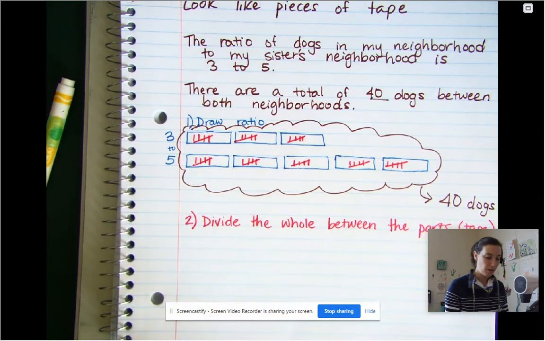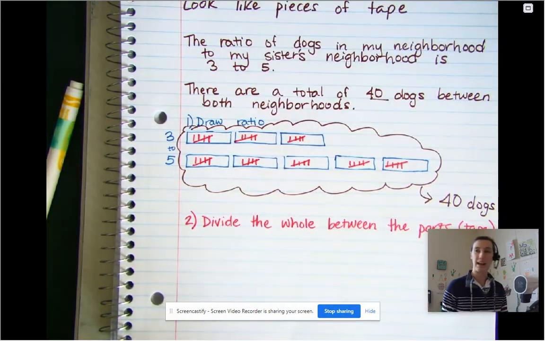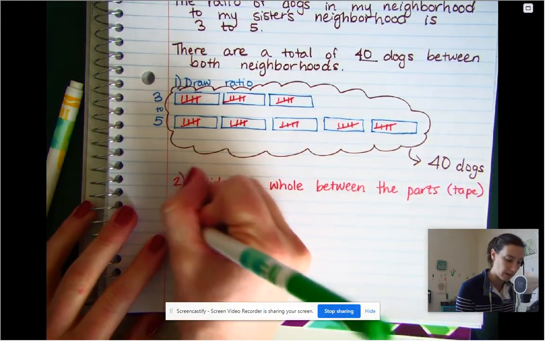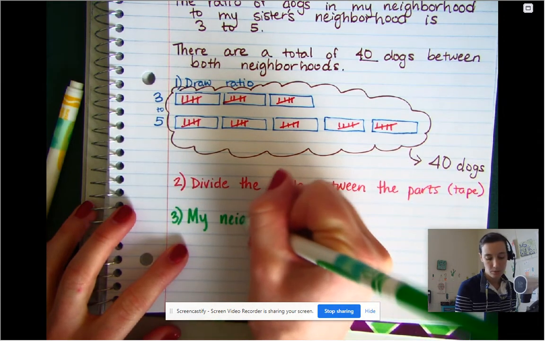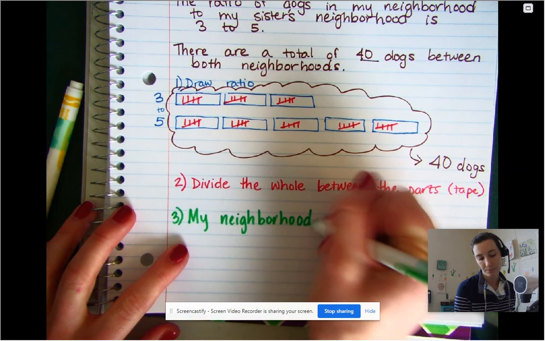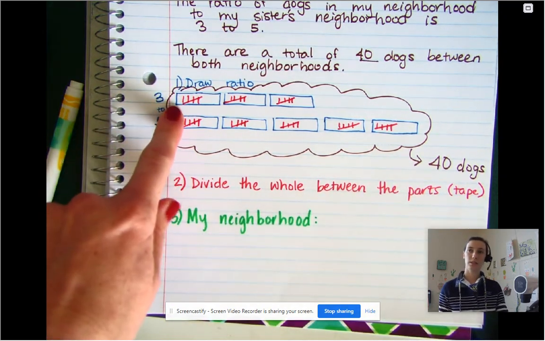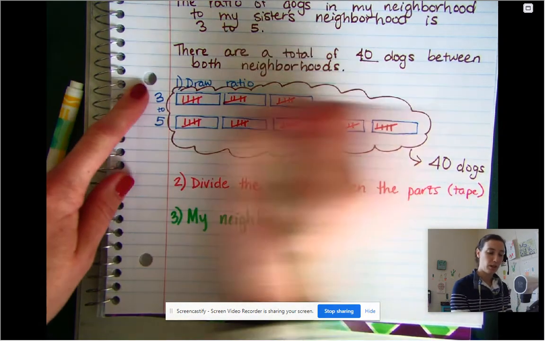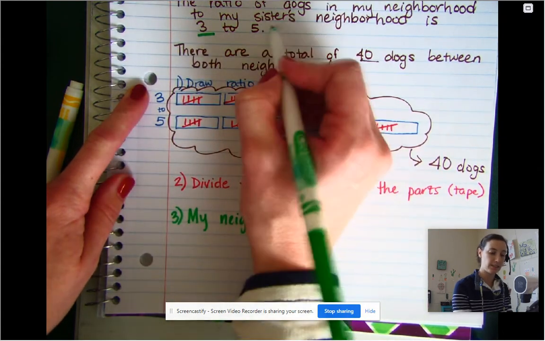So now my final step is to come back and say, all right, so then how many dogs are in my sister's neighborhood, or how many dogs are in my neighborhood? So my neighborhood was the, oh, there's the bell. So remember that this is my neighborhood because "my" comes first, and then this is my sister's.